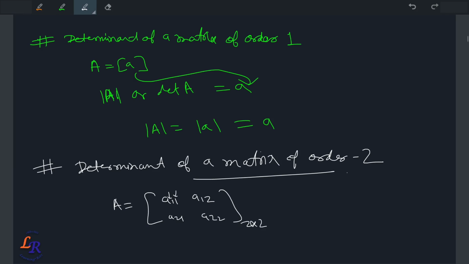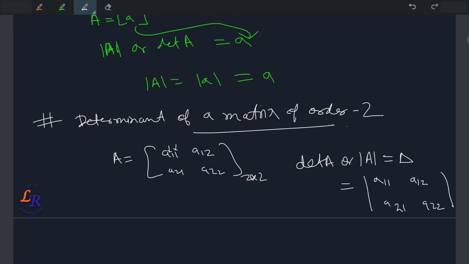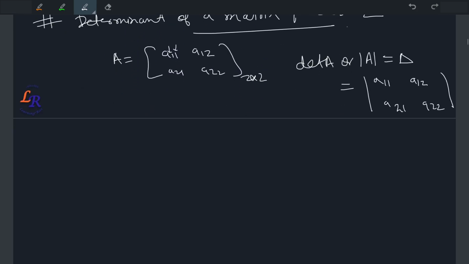Its determinant can be written as determinant A, or also as delta, with the curved bracket replaced by vertical lines. Now, how to find the real number associated with it?